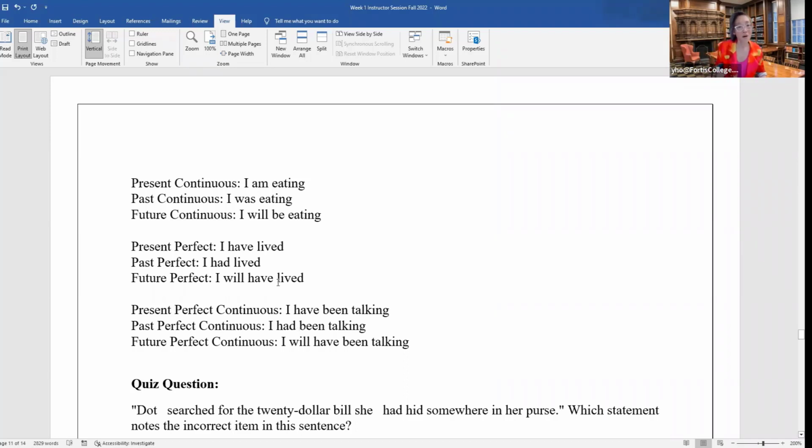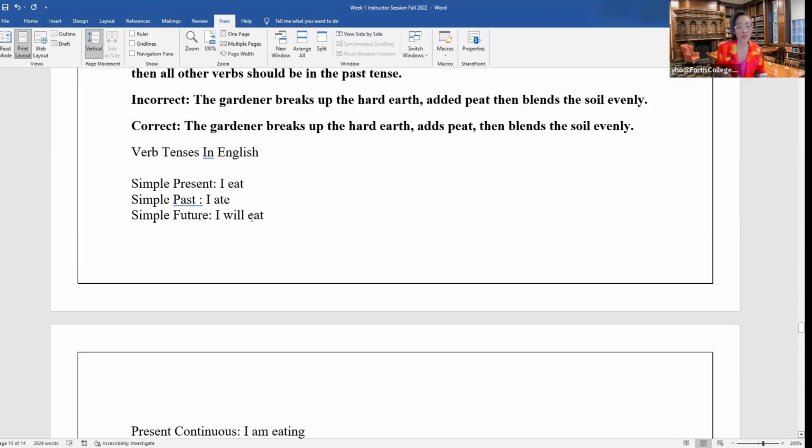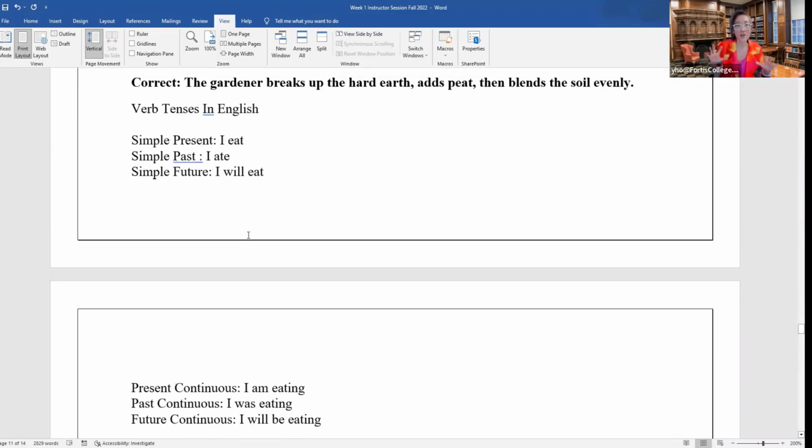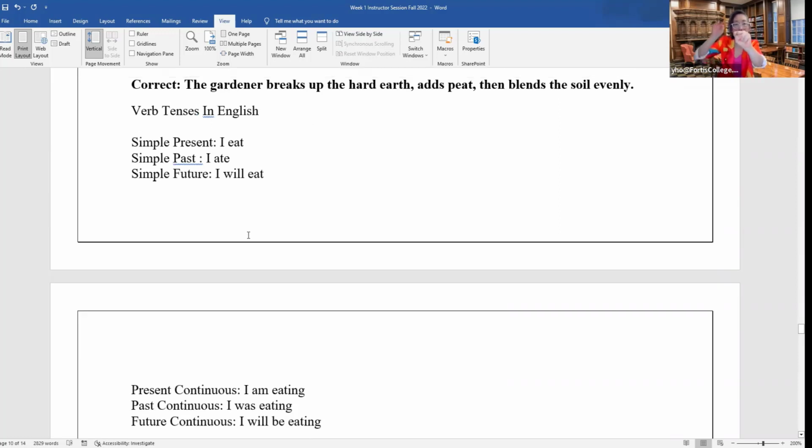So the thing about perfect tenses in all of this is in all the perfect tenses where you have plus a verb, you're always talking about two actions. Either they're two actions completed or two actions running into each other. Whereas when you have the simple tenses, the continuous tenses, that's all about one action, either in the present, the past, or the future.